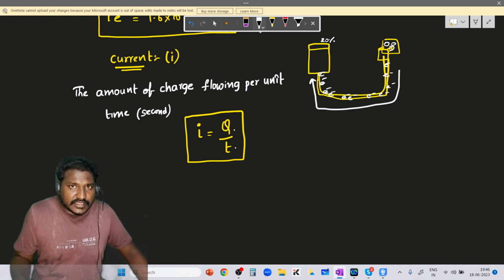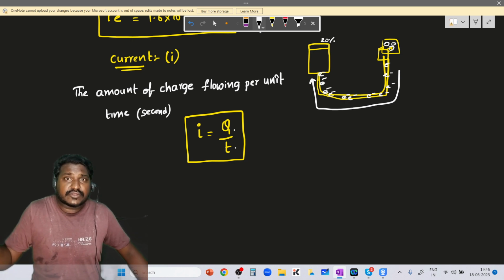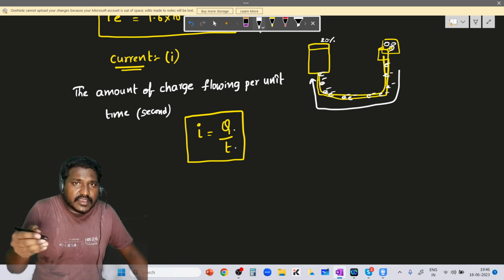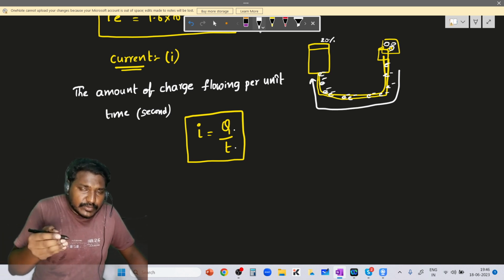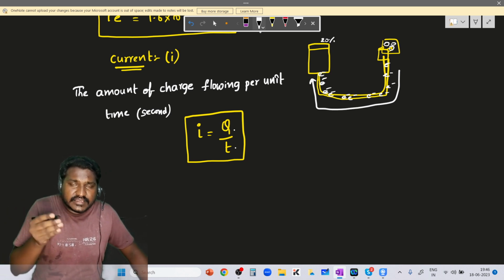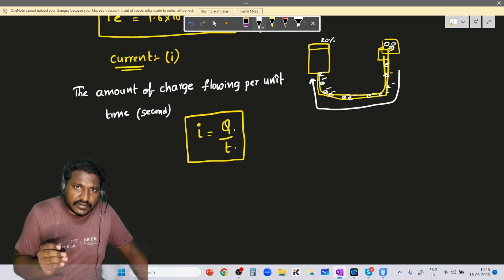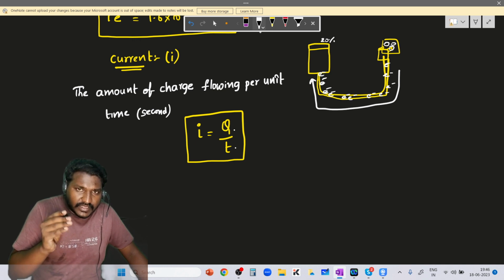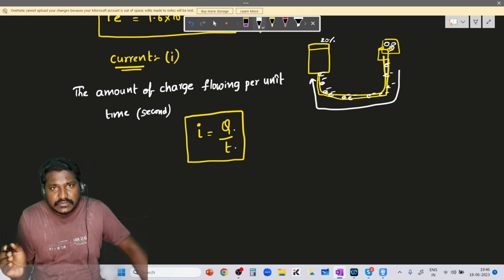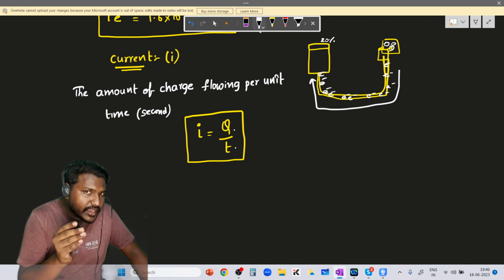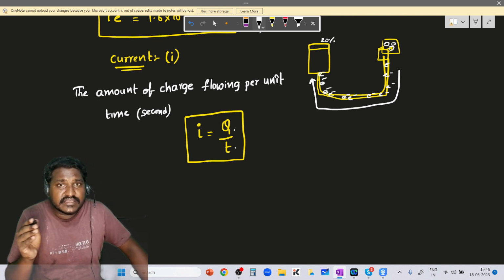For example, the distance covered by a bus from one time to another. The bus is moving, the initial position of the bus is at A at time t1, and the final position of the bus will be at B at time t2. That means the position of the bus is changing from one point to another with respect to change in time.